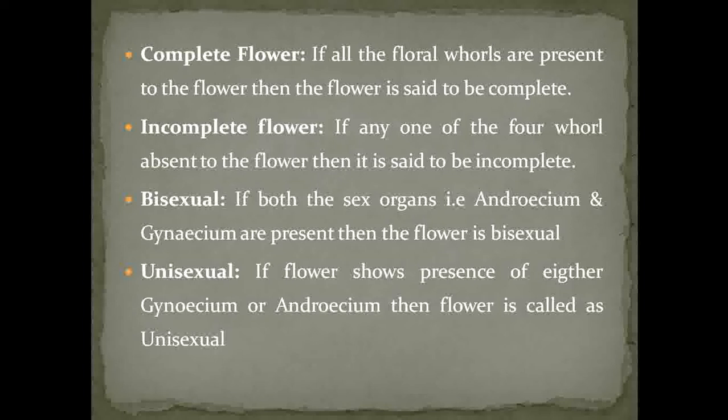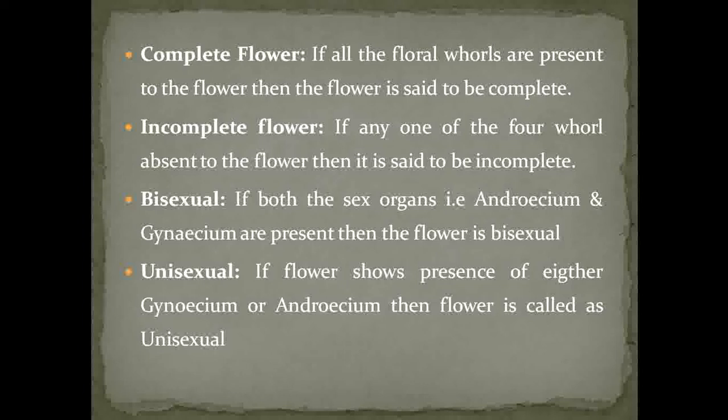If a flower shows absence of any one of the whorls, then that type of flower is called an incomplete flower. So an incomplete flower shows absence of calyx or corolla or androecium or gynoecium, any one of the whorls.